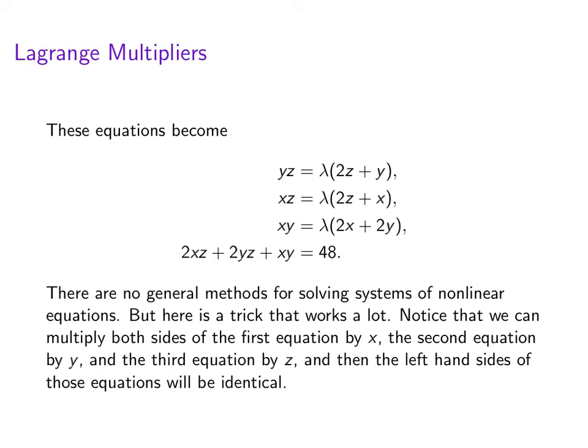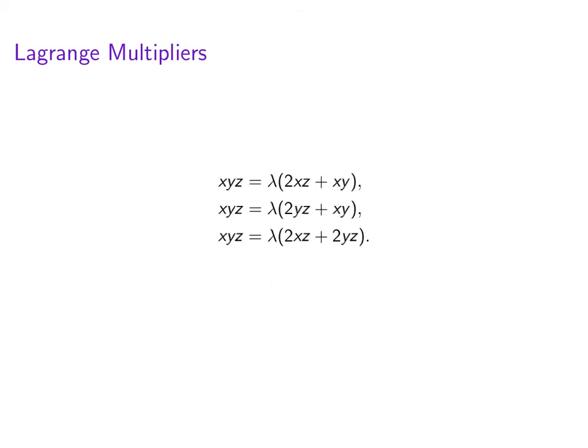They'll all be xyz. That means we'll be able to set things equal to each other. So if we do that, here's what we get. xyz equals lambda times (2xz plus xy). xyz equals lambda times (2yz plus xy). And then xyz equals lambda times (2xz plus 2yz).